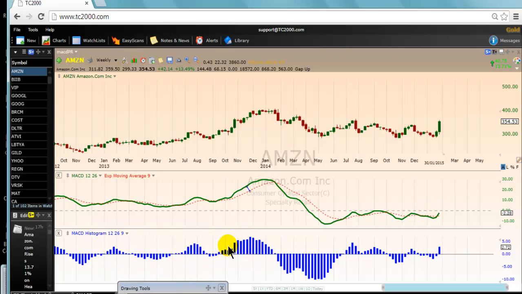So all you see here is telling us that the distance between the green line and the dotted line hit the peak here. Now it starts going down.